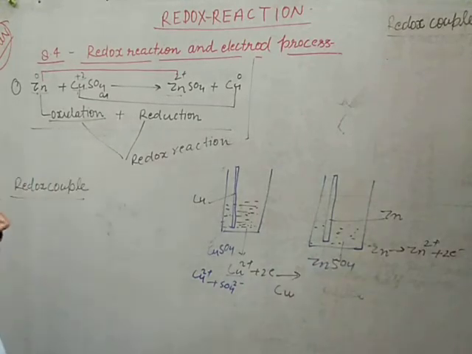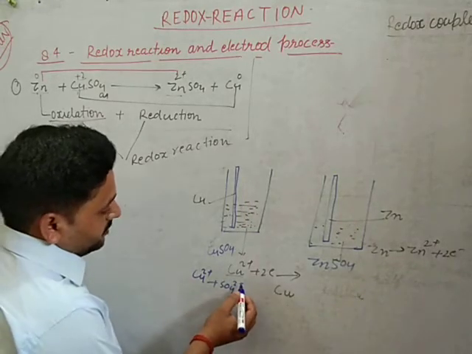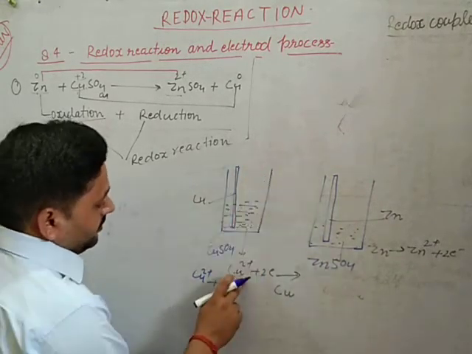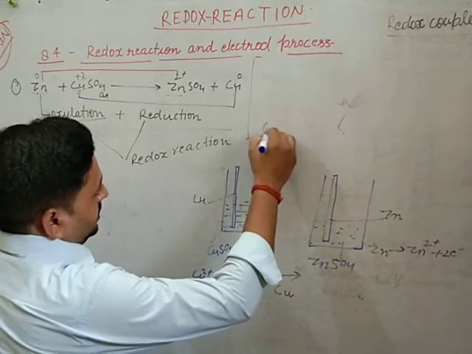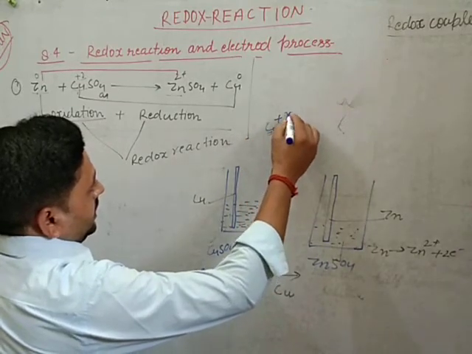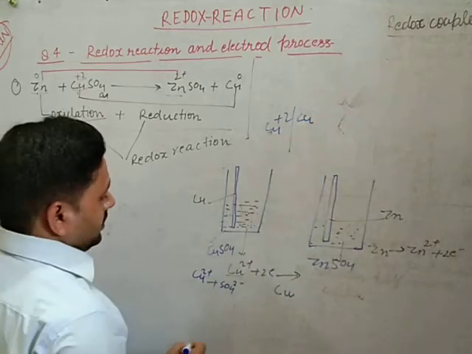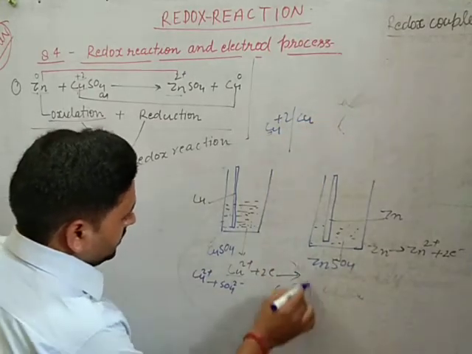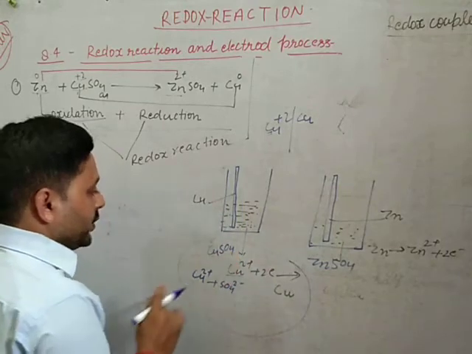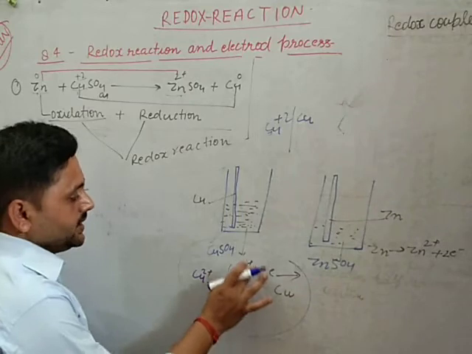If I write the redox couple for this, what will it be? First we write the oxidized form. Oxidized form is Cu2+, then slash, then reduced form, which is Cu. For this half reaction, since reduction is taking place, it is a reduction half reaction.